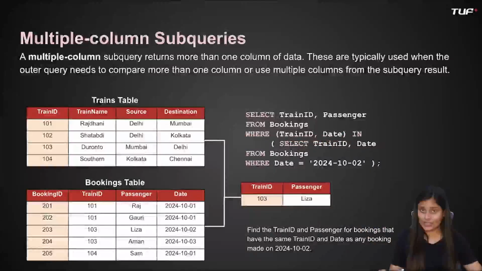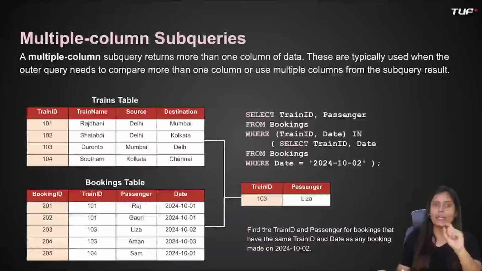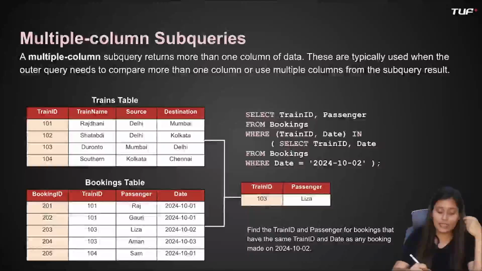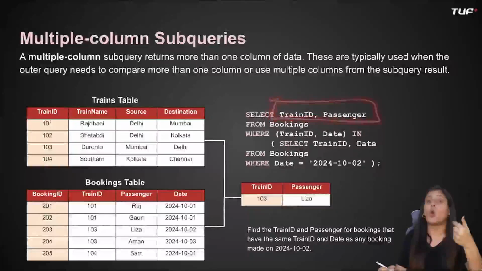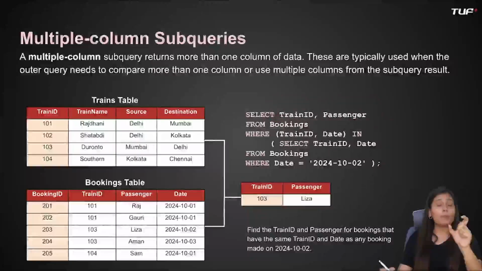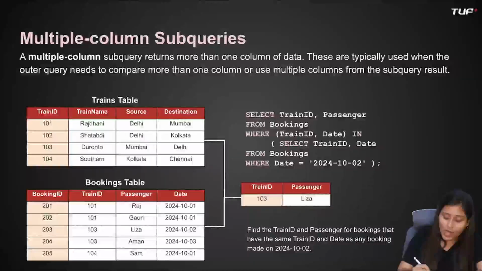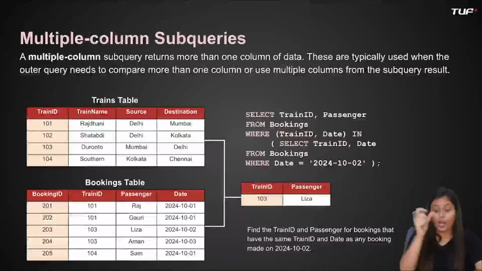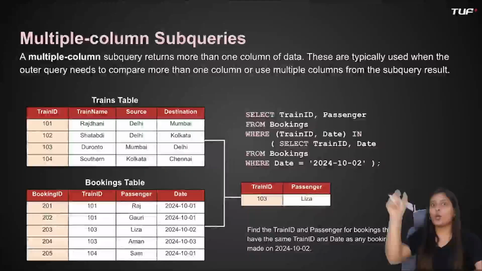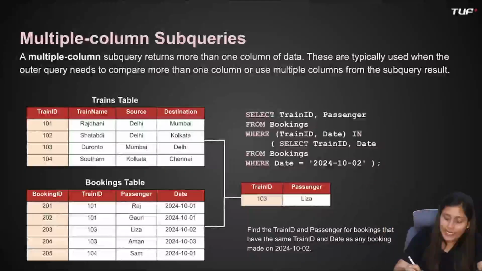In the previous ones, we were checking for train ID, a single column. Now, as it is multiple columns, instead of only selecting multiple columns as a result, you can also pick multiple columns for the comparison. So for the comparison, you have used train ID and date in the where condition. Now, along with the train ID, date should also exist there. Now, see, IN means it will give you multiple results also.